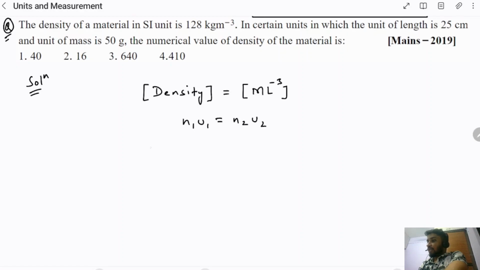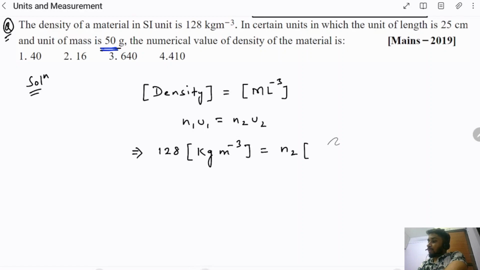So n1 here is 128 and the first unit that they have given is SI unit. Okay, so 128 into, for mass the SI unit is kg and for length it is meter. So kg meter to the power minus 3. Now n2 we need to calculate. Okay, and for u2 if we see, the unit of mass they have taken as 50 gram.